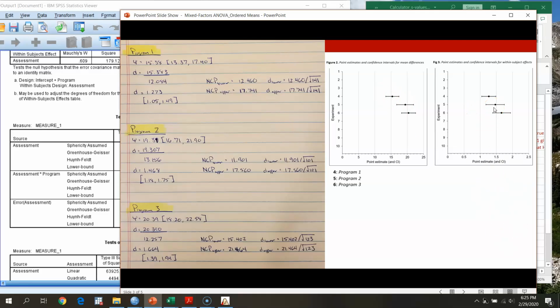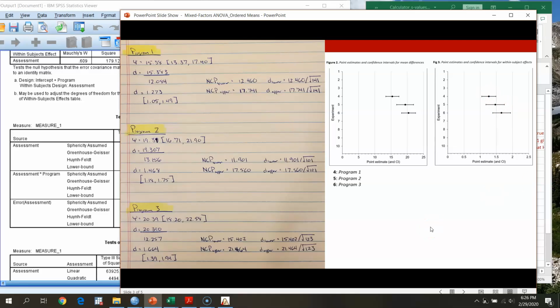Our effect size estimates and confidence intervals around D are a little less conclusive, but we're seeing an increase in standardized effect across program 1, program 2, program 3. It's possible that we're seeing systematically larger effect sizes for program 3 relative to program 1, with program 2 right here in the middle.